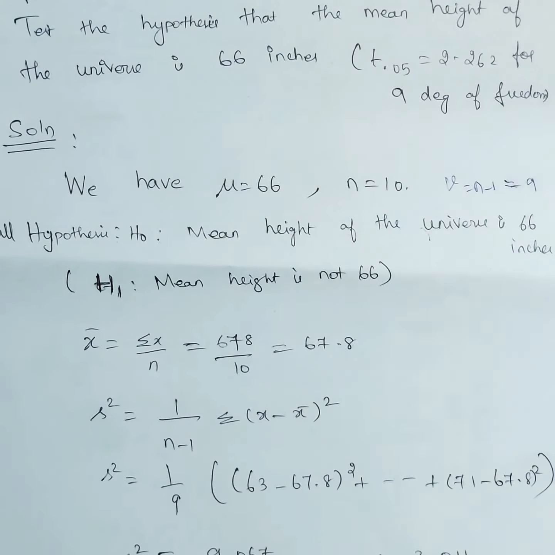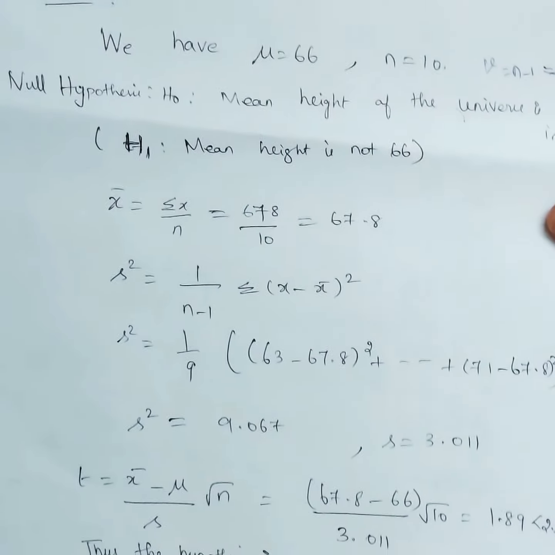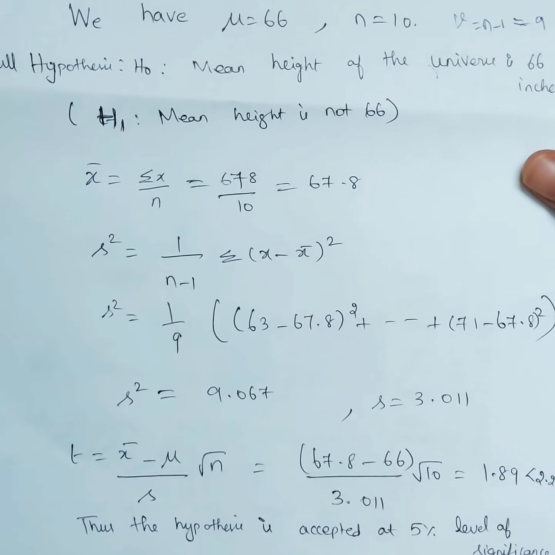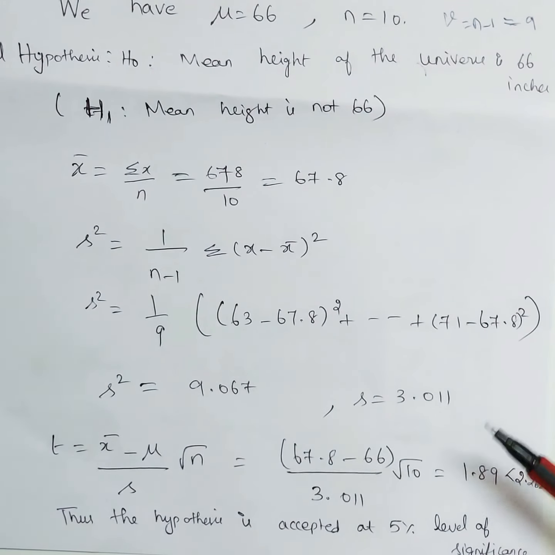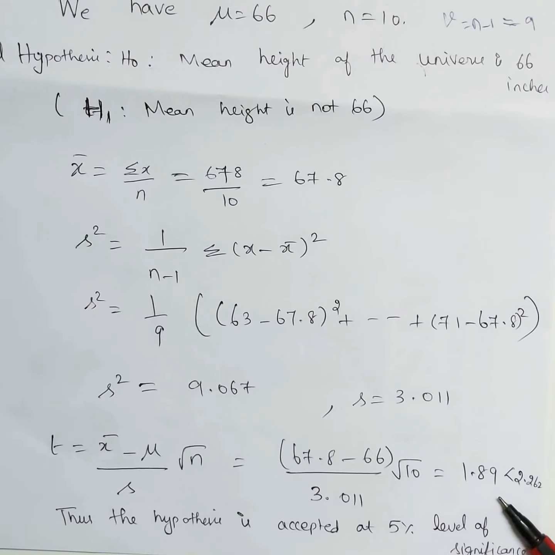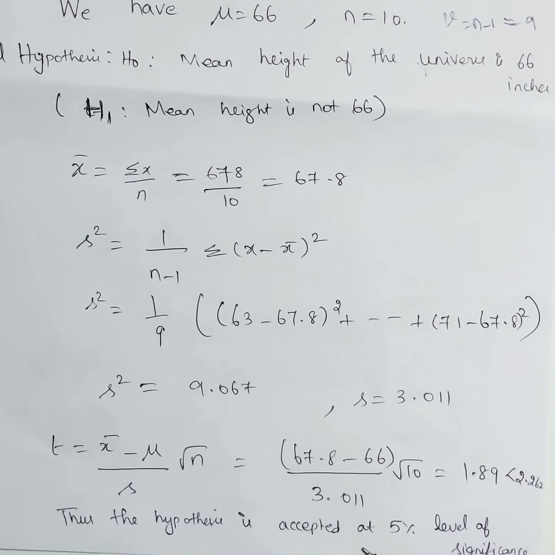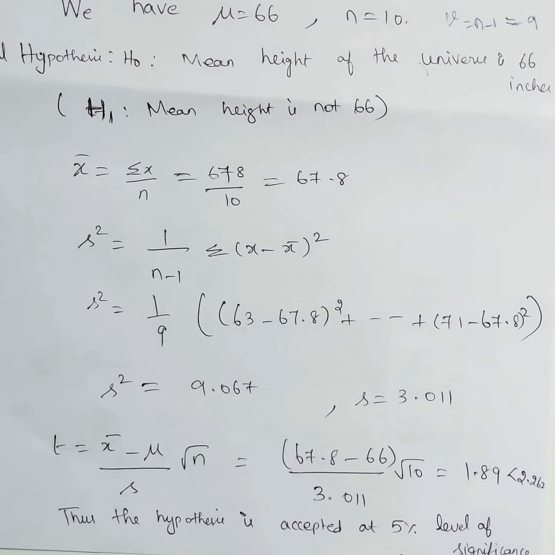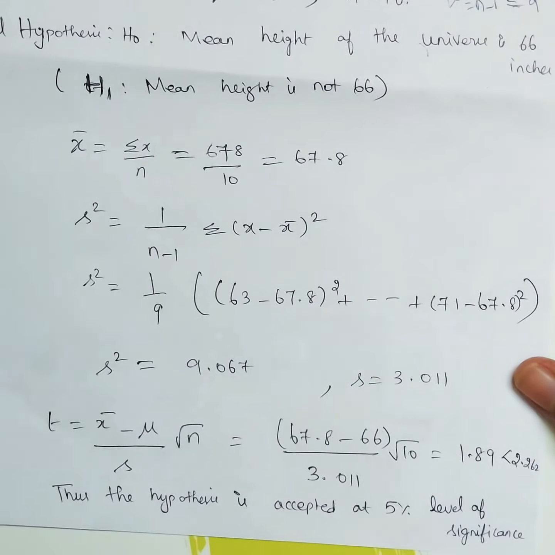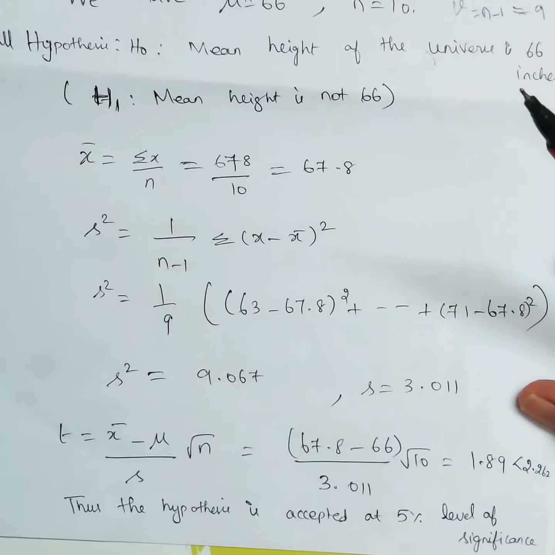In the question itself, they have given it to you. So you have to compare 1.89 with the given value. 1.89 is less than 2.262. Thus the hypothesis is accepted at 5% level of significance. That's it.